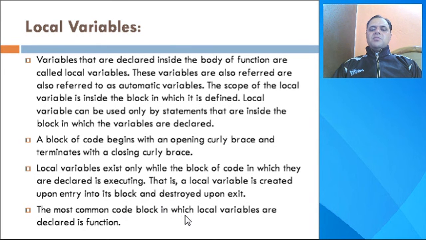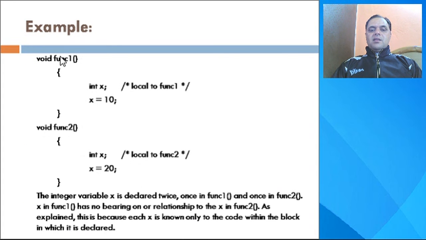The most common place in which local variables are declared is a function, so we'll discuss that here. In function 1, we have defined a local variable x, and we have initialized the value of x. Then in function 2 we have again initialized the value. So this is a local variable of this function, and this is a local variable of this function. So the integer variable x is declared twice, once in function f1 and once in function f2.